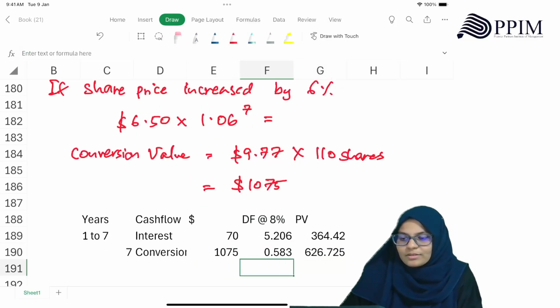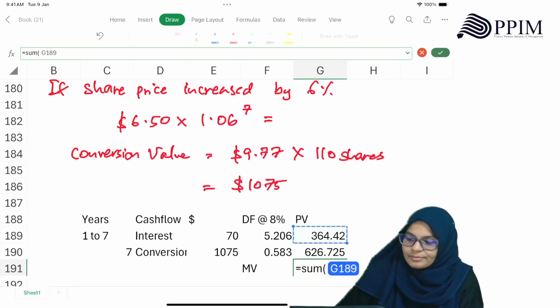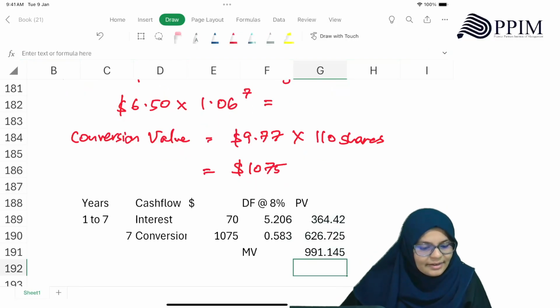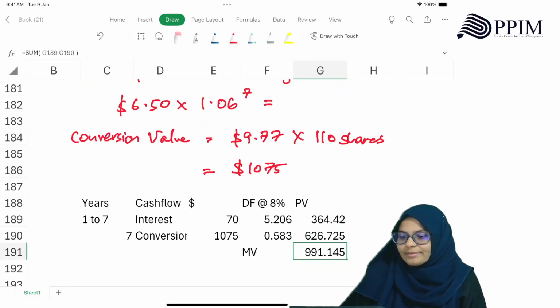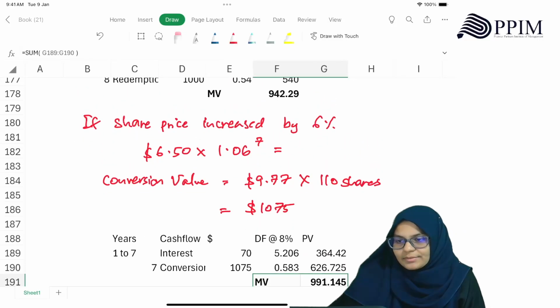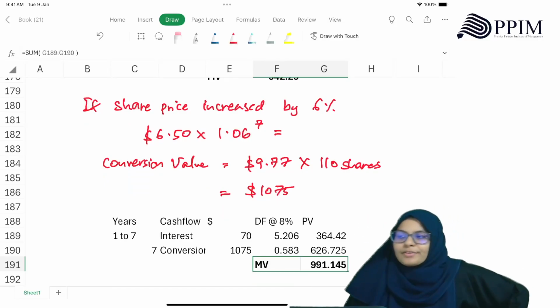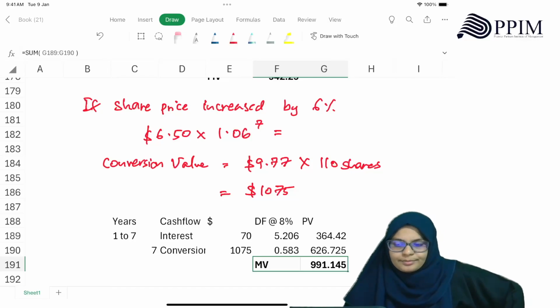So the market value, the sum of this, is 991.15. That's it. They just ask for the market values if the share price increased by 4% and 6%. That's it. Okay, take it down.